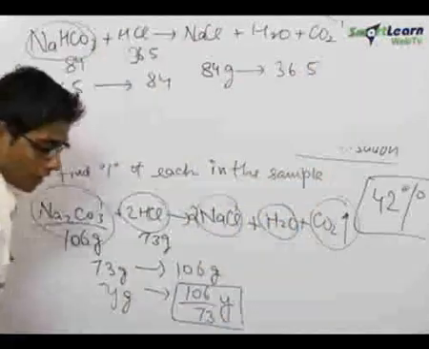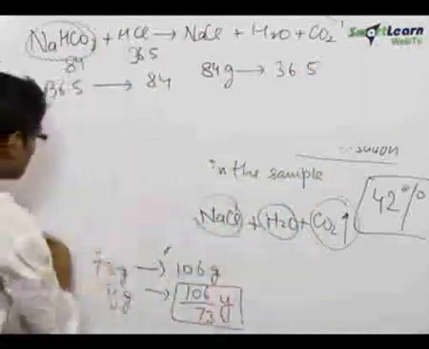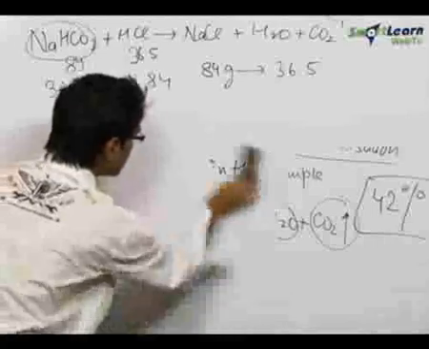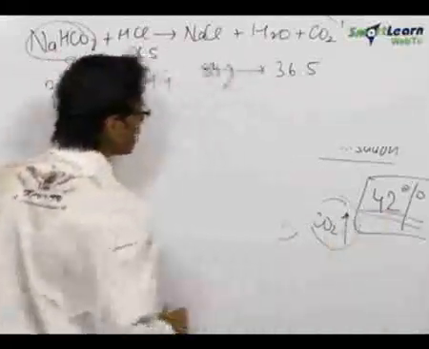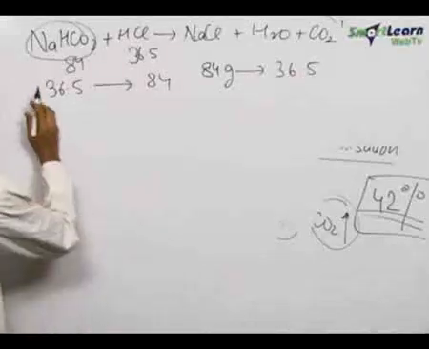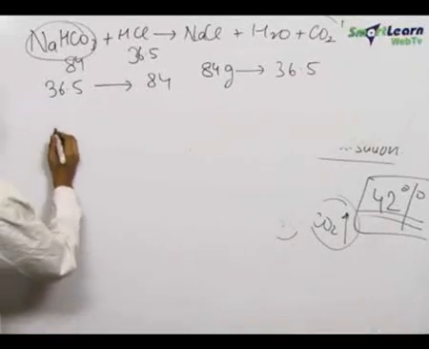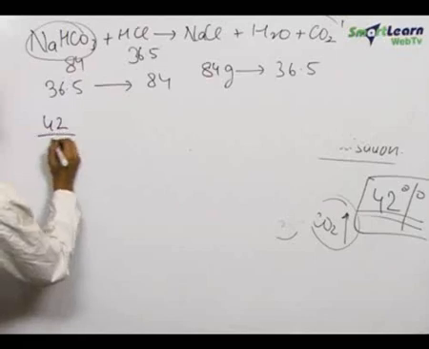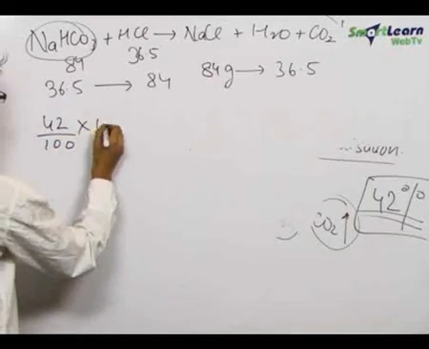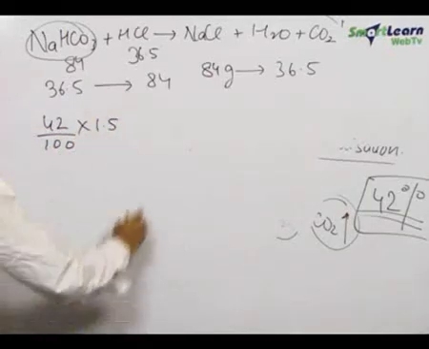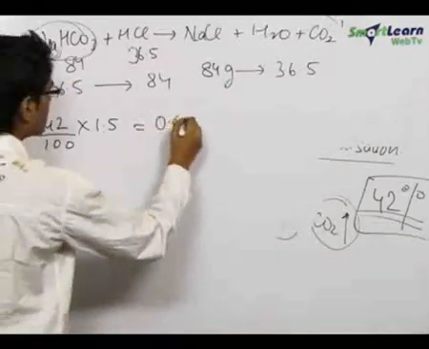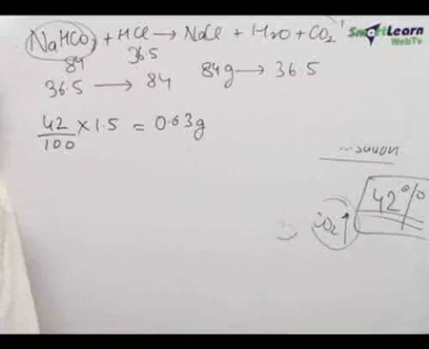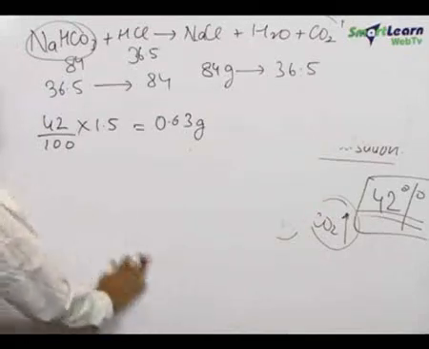And we know that in the 1.5 grams of our sample, what is the amount of NaHCO3 present? Since the sample has 42% of NaHCO3, we have the amount of NaHCO3 as 42 by 100 into 1.5, which is equal to 0.63 grams of NaHCO3 present in the 1.5 grams of sample.